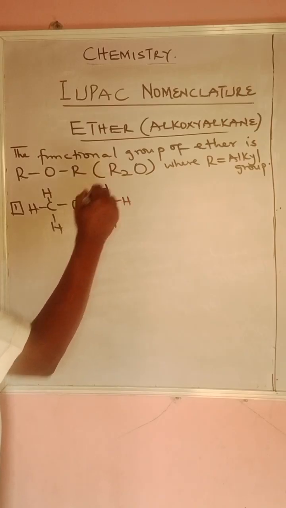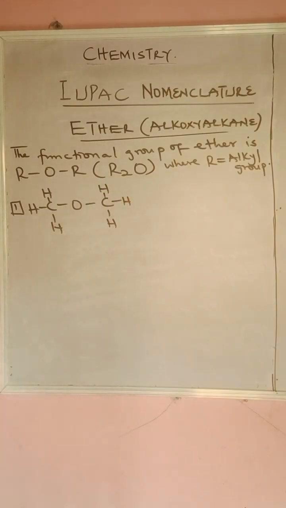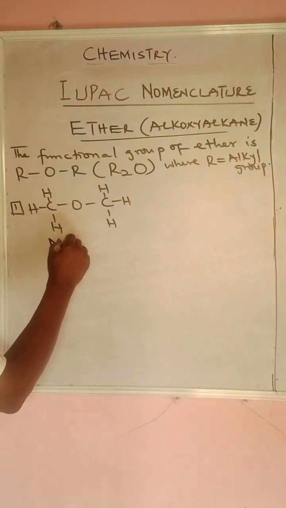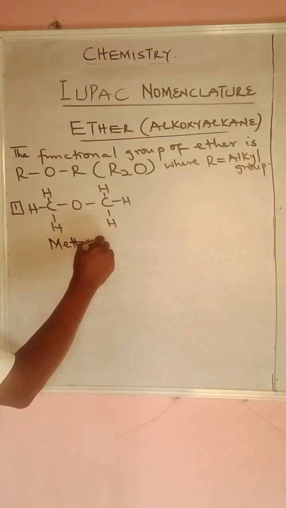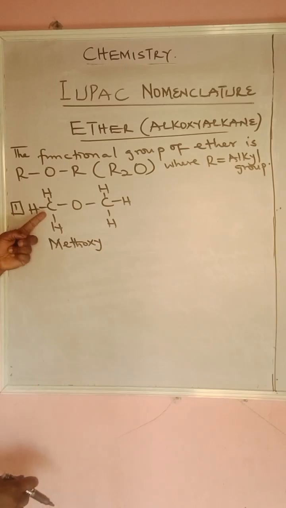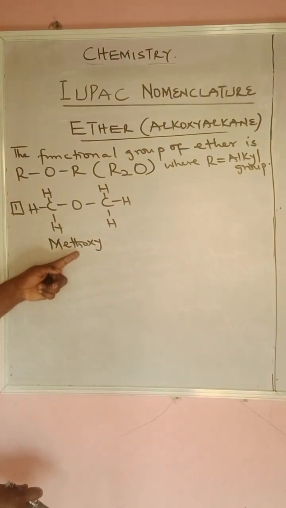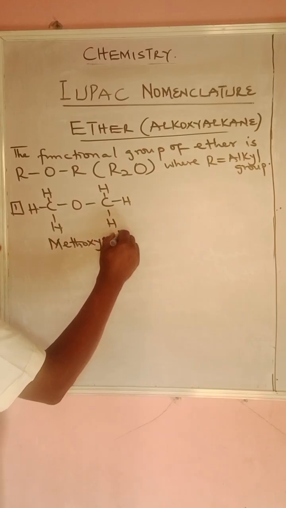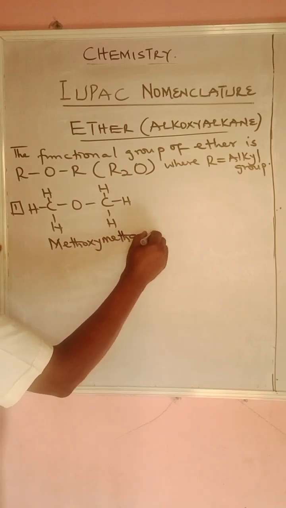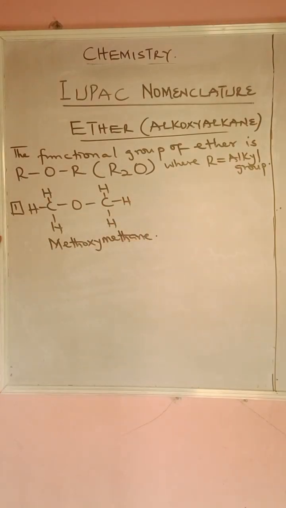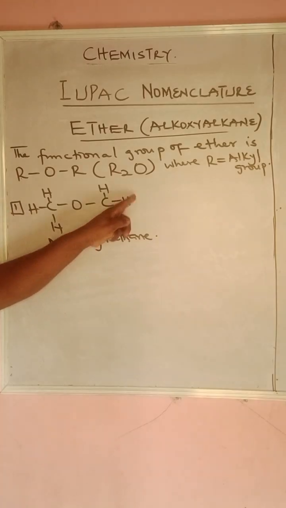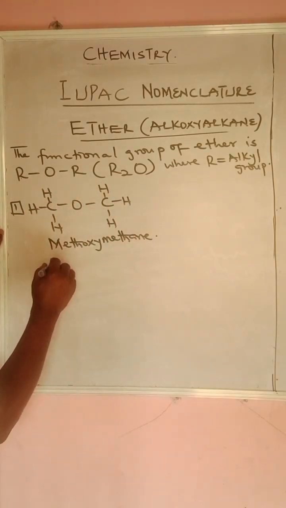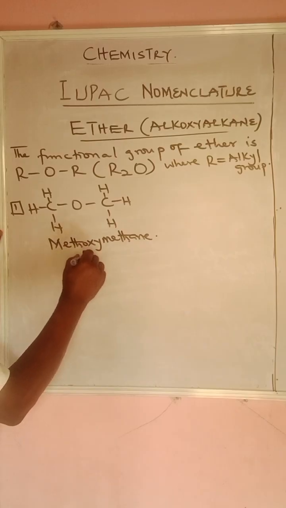If you want to name this, you say methoxy, met for one carbon, methoxy methane, or methyl is twice, so you call it dimethyl ether.